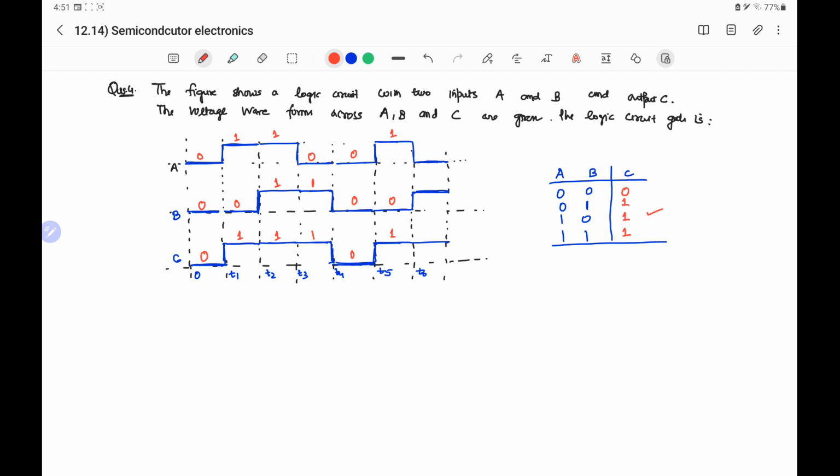Then last case it is 0, 1 and output is 1. For 0, 1 output is 1. So it completes our truth table. As per the truth table, output is high when any of the inputs is high and 0 when both the inputs are 0. So it is the OR gate.